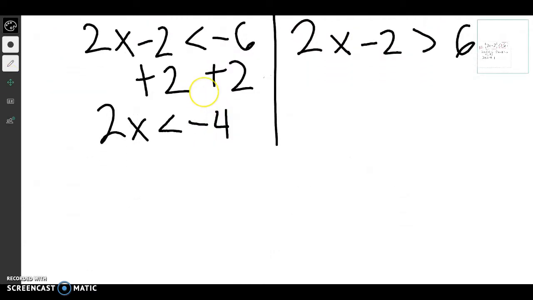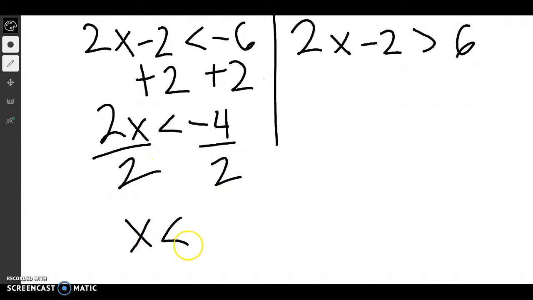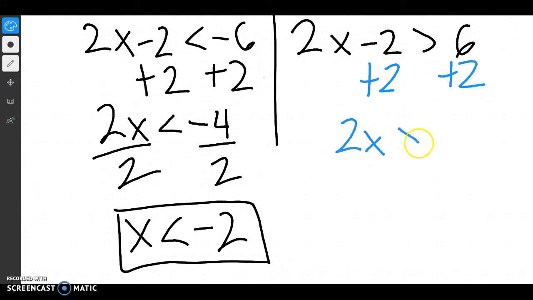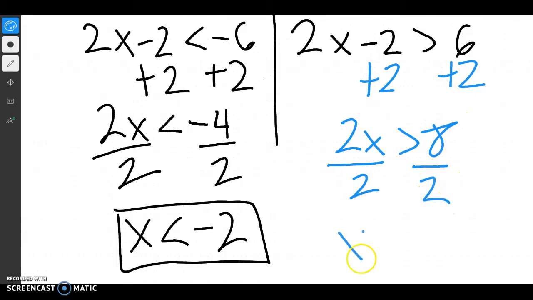And I would divide that by 2, divide that by 2, and I would get x is less than negative 2. So that would be one of my potential answers. And again, I'm saying potential because we know ahead of time that this shouldn't work. I'm going to add 2 to both sides. I'll have 2x is bigger than 8. Divide by 2, divide by 2, and I'll have x is greater than 4.